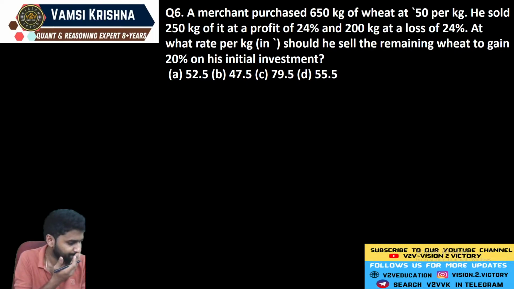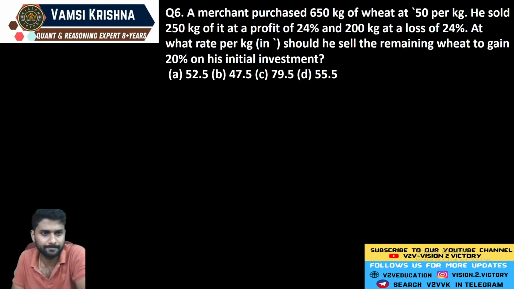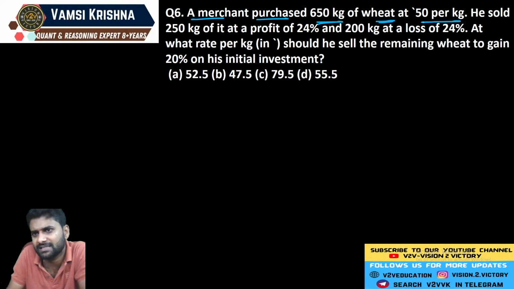The next question. So question number 6. A merchant purchased 650 kg of wheat at 50 per kg.